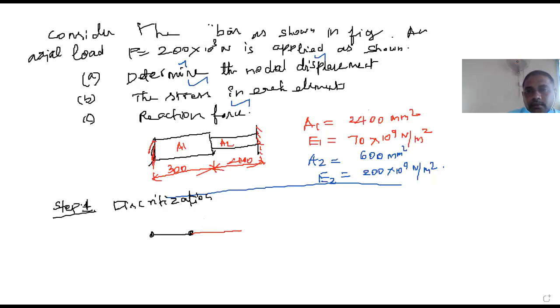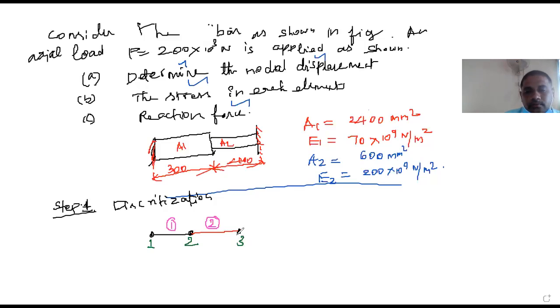So we'll get two different elements. Now we can specify the element numbers. This is element number 1 and this is element number 2. Now we can specify the node numbers. This is node number 1, this is node number 2, and this is node number 3.